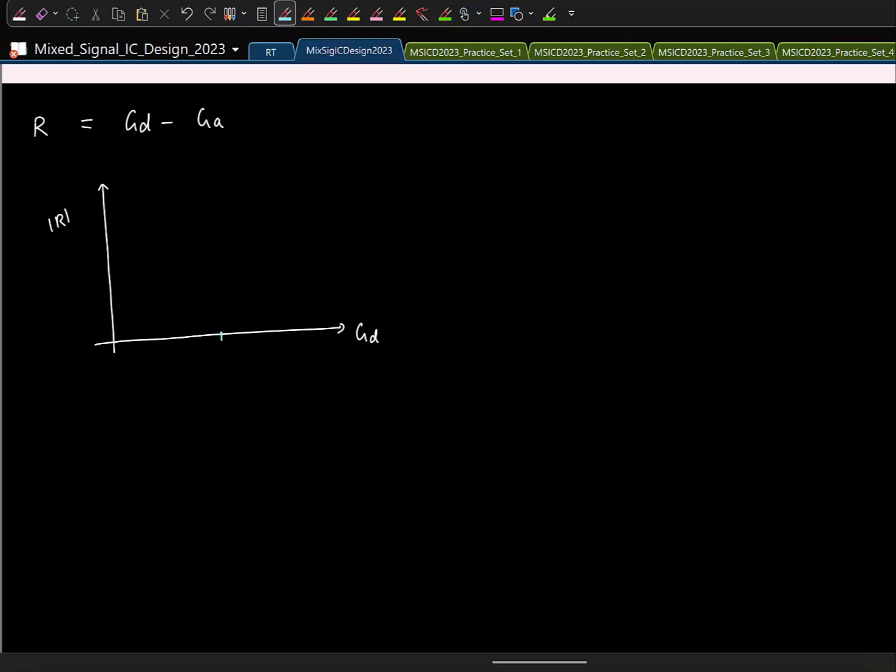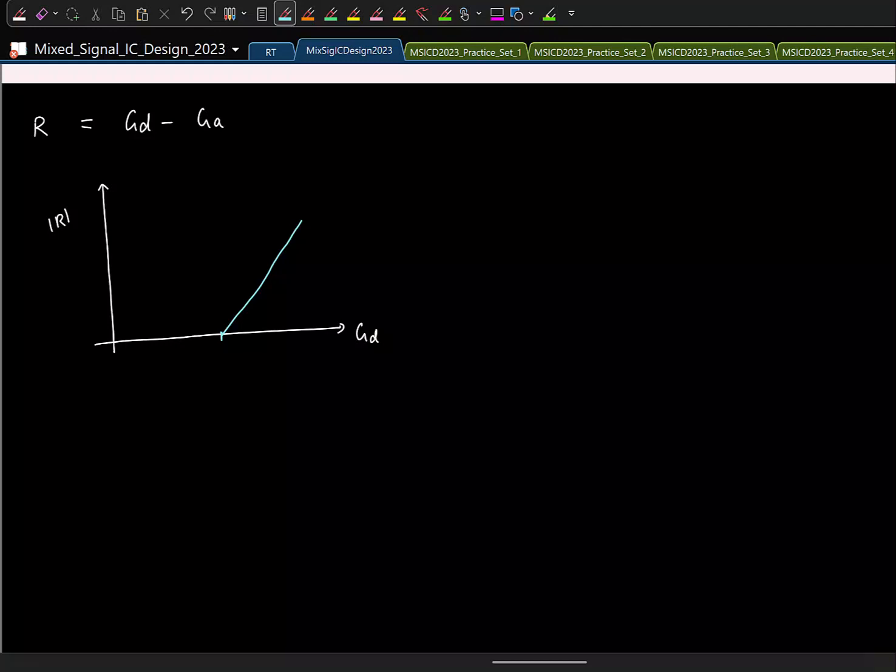It will be 0. For values greater than GA, it will increase. For values less than GA, I am taking the magnitude, so it will not go negative. It's a mod function, something like this.